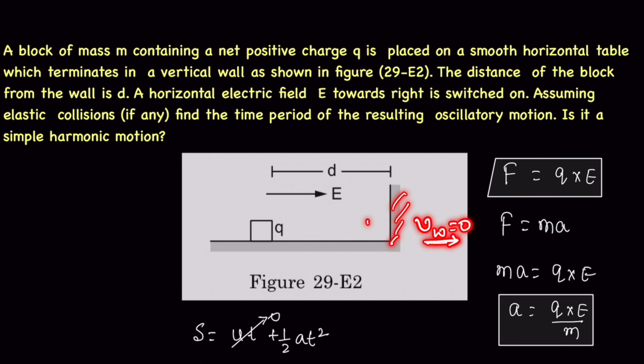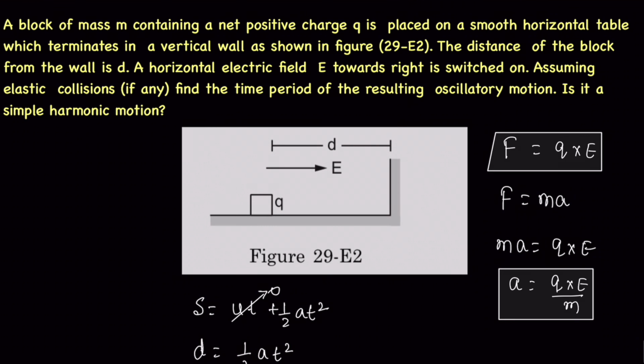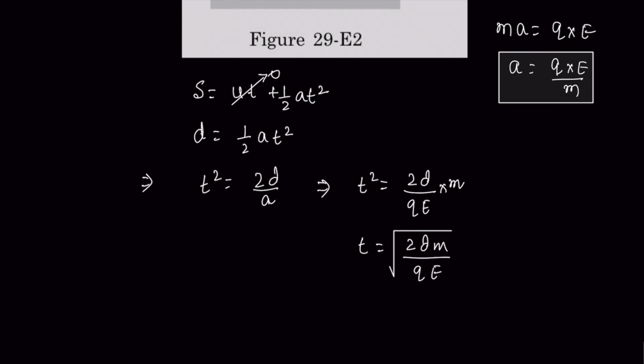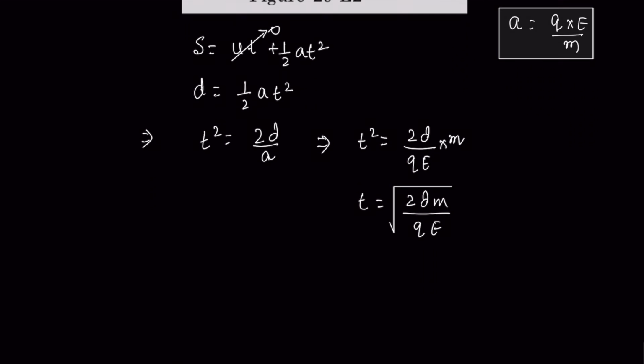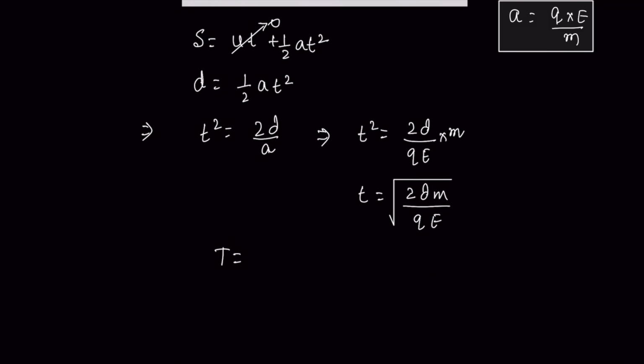It means that when this body hits the surface, it keeps the same speed but the direction changes. So the speed remains the same, and the time will also be the same. The acceleration is already constant because q is constant, the electric field is constant, and the mass is also constant. So whatever time it takes to move from A to B, the same time it will take to move from B to A.